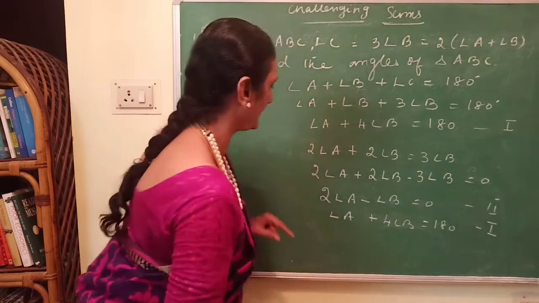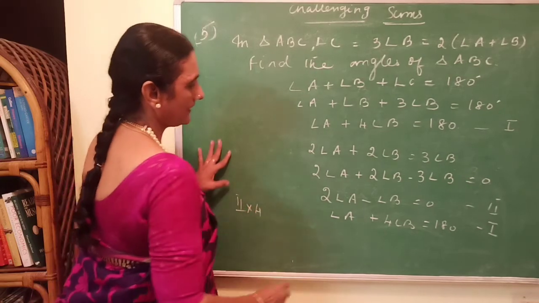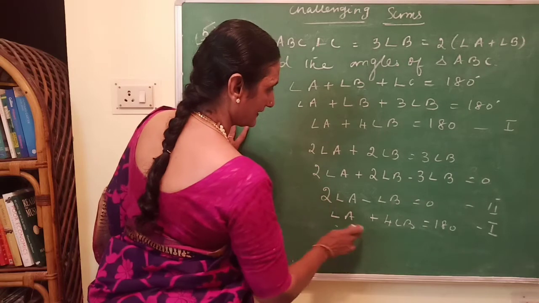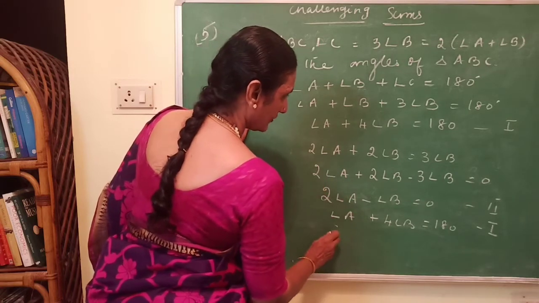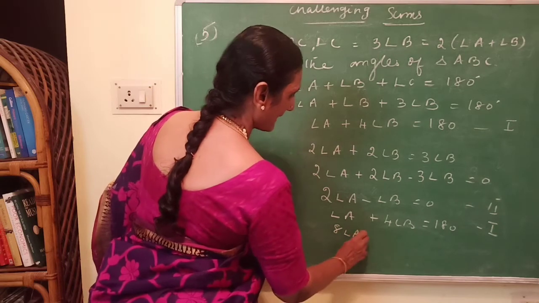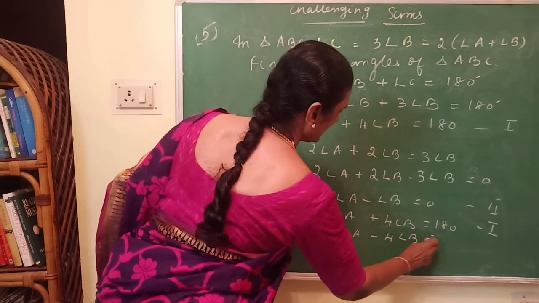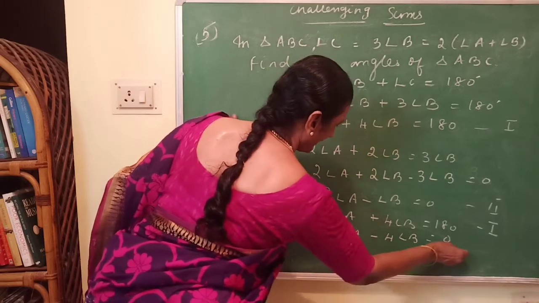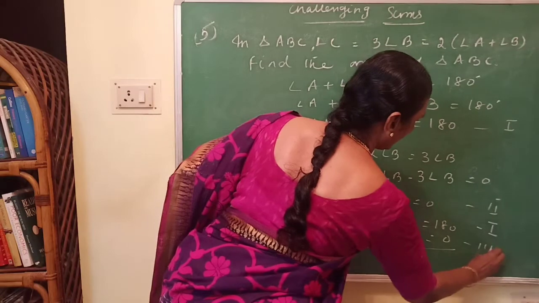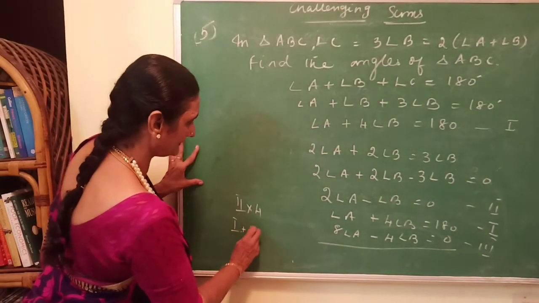So the second equation I am going to multiply by 4. So 4 2s are 8, so 8 times angle A minus 4 times angle B is equal to 0. Now, you can name it as equation 3, adding 1 and 3.